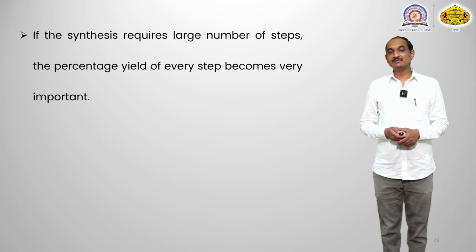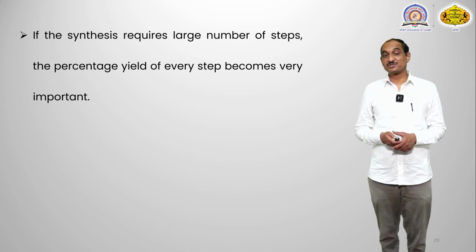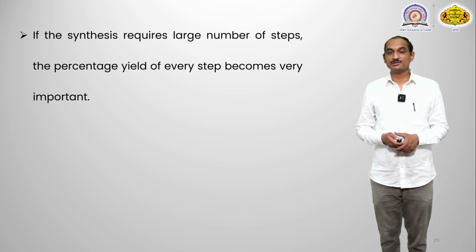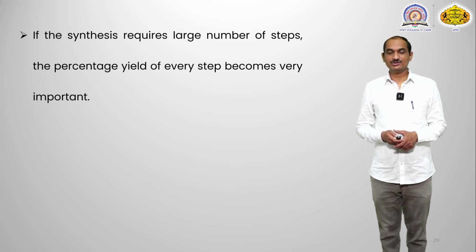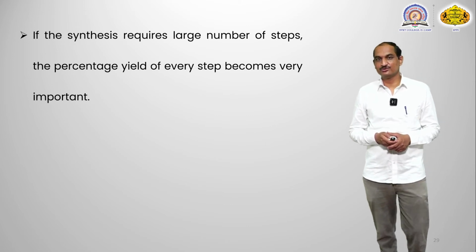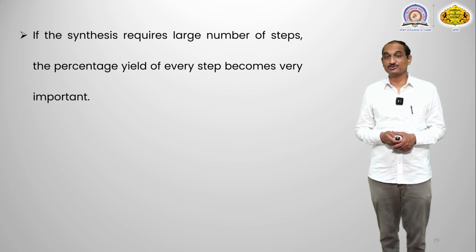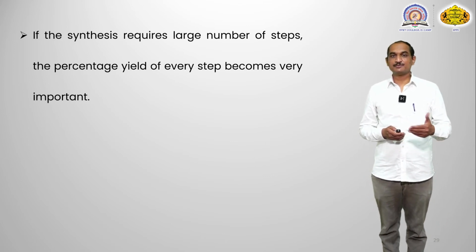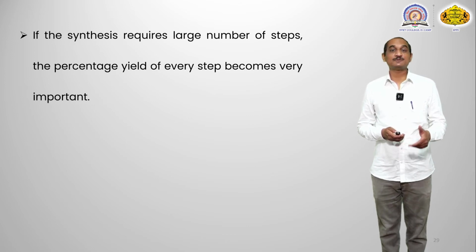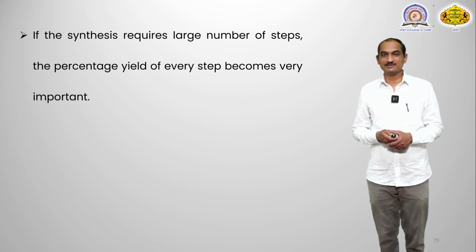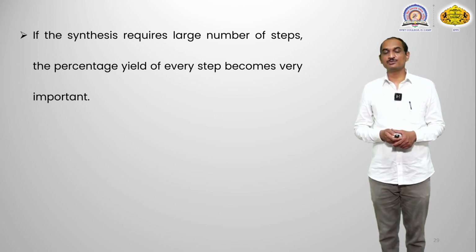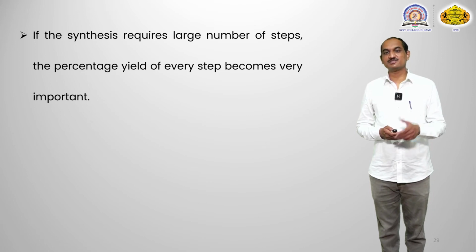So if the synthesis requires a large number of steps, then the percentage yield of every step becomes very important. We know that for the synthesis of different types of molecules and lead compounds, a number of steps are required in the laboratory. That is multi-step synthesis, and all this work is done in the research and development laboratories of different pharmaceutical industries.